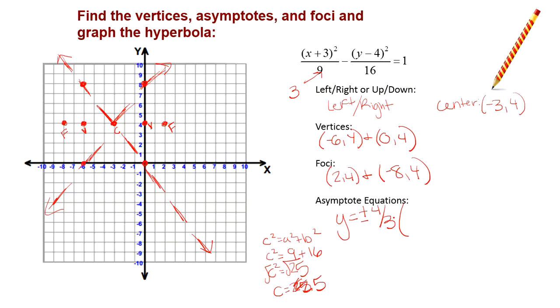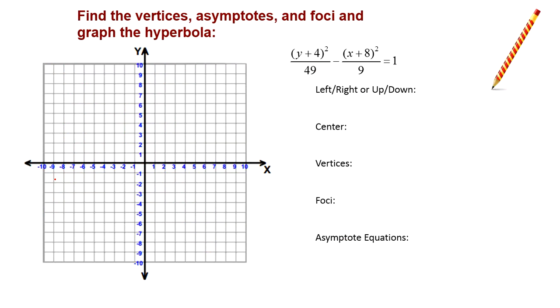It's going to be x, and I moved left 3, so it's plus 3, and I went up 4. So my asymptotes have the equation y equals plus or minus 4/3 (x plus 3) plus 4. I can leave it in that form because I do not need slope-intercept form. Let's finish our graph. I'm going to go off my vertex here, and this guy's going to shoot off in both directions, like so.